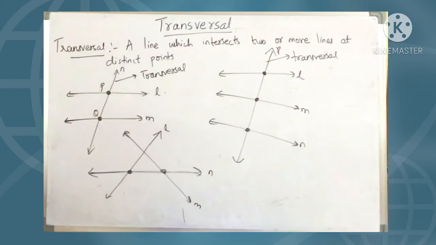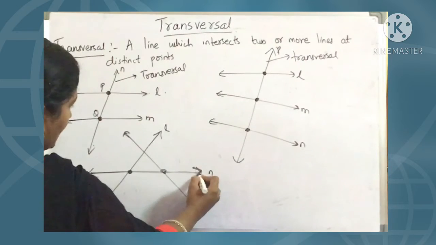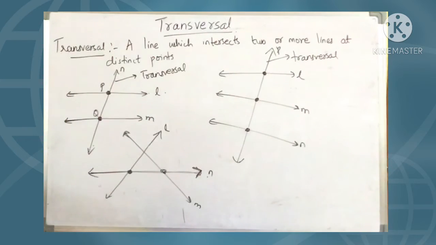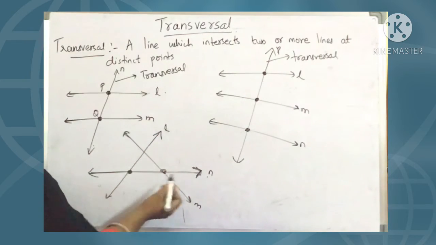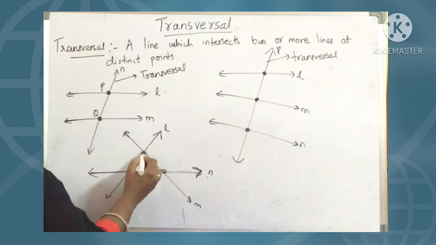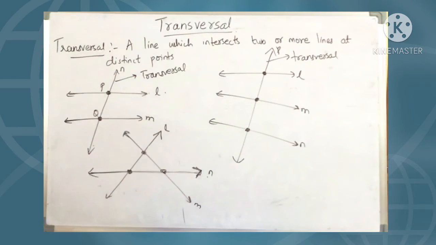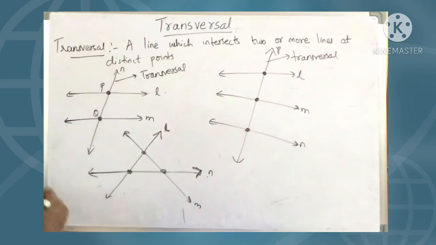It is intersecting at different points. So I can say N is a transversal. And if you consider line L, it is intersecting line M at this point and N at this point. It is intersecting at two different points. So I can say here L is also a transversal.